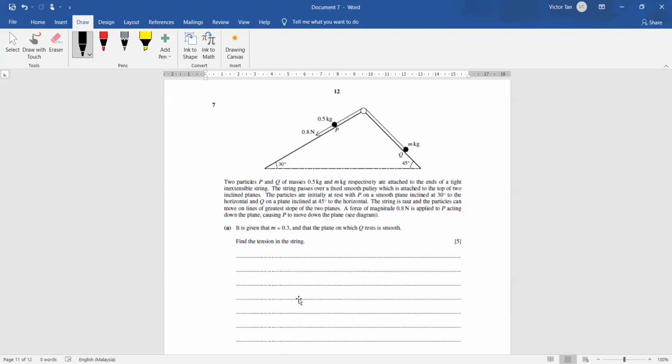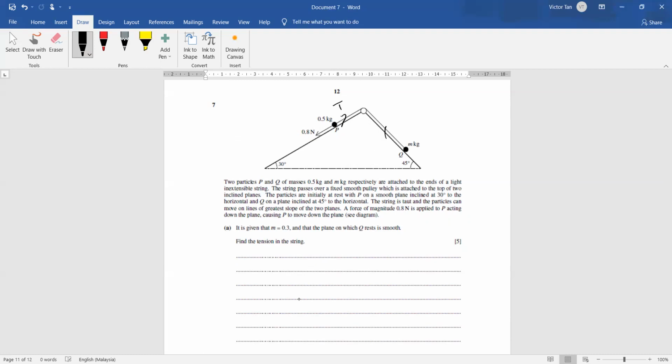The string is taut and the particles can move on lines of greatest slope of the two planes. A force of magnitude 0.8 Newton is applied to P, acting down the plane, causing P to move down the plane. It is given that m is 0.3 and that the plane on which Q rests is smooth. Find the tension in the string.